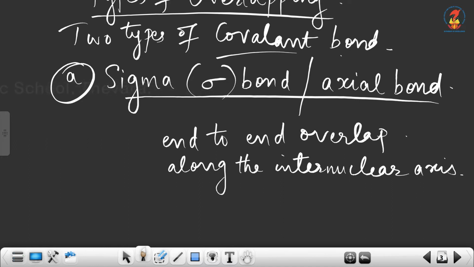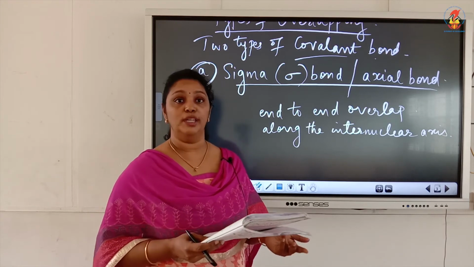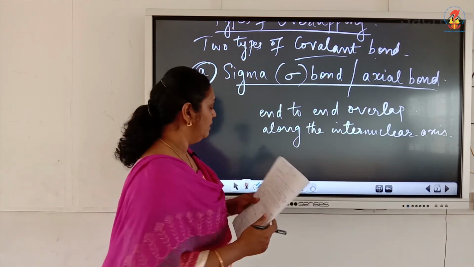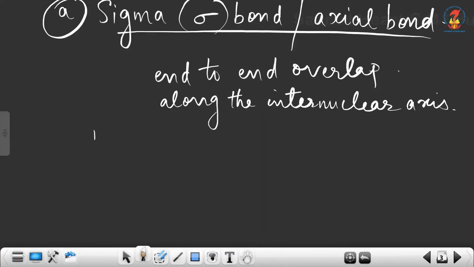Now, the sigma bond is formed by different types of overlapping. So, let's see what are the different types of overlapping possible for the formation of sigma bond. The first type is SS overlapping.